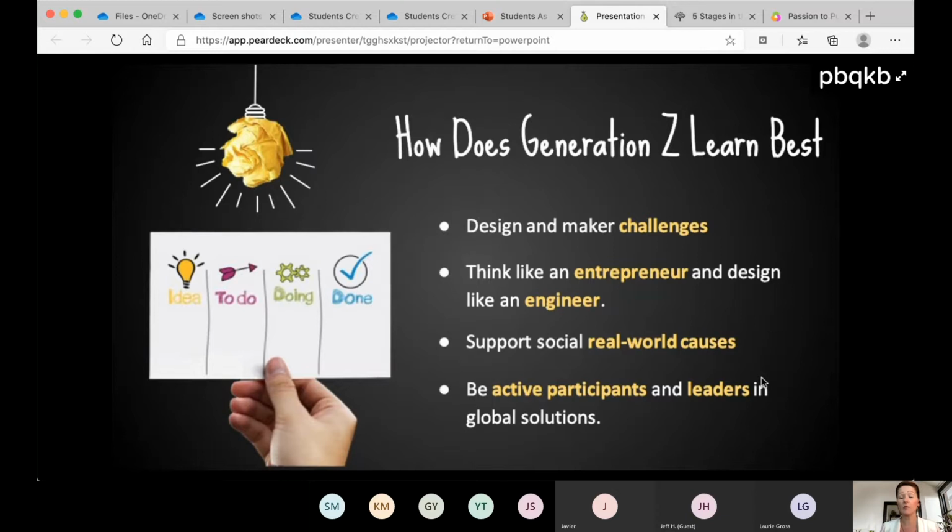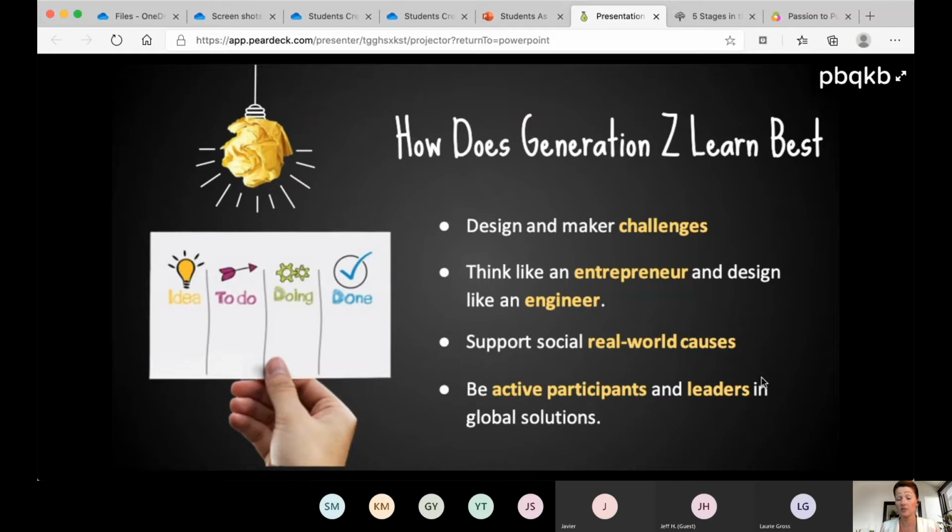But if we could help and assist our students to think like an entrepreneur and design like an engineer, we're going to get so much further ahead in our education than anywhere before, because we need critical thinkers and problem solvers to help us.